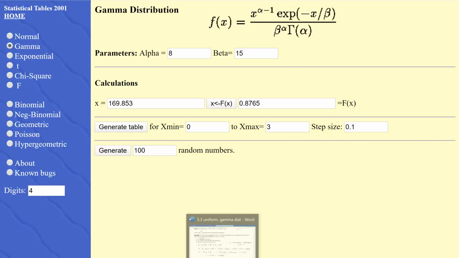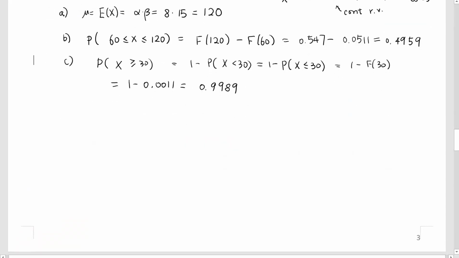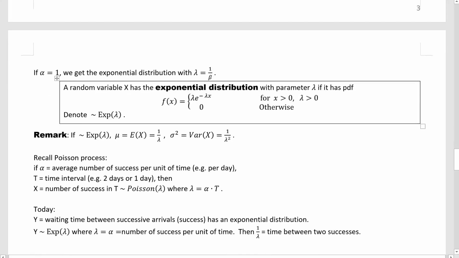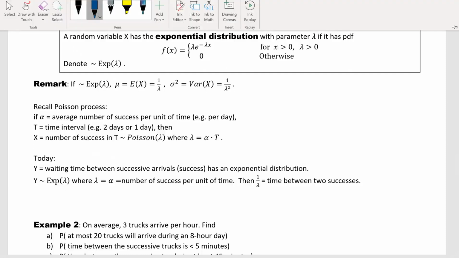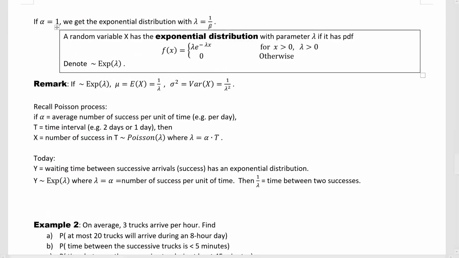All right, let's continue. Okay, so that is the gamma distribution. Now, if alpha equals 1, we actually get an exponential distribution with lambda equals 1 over beta.